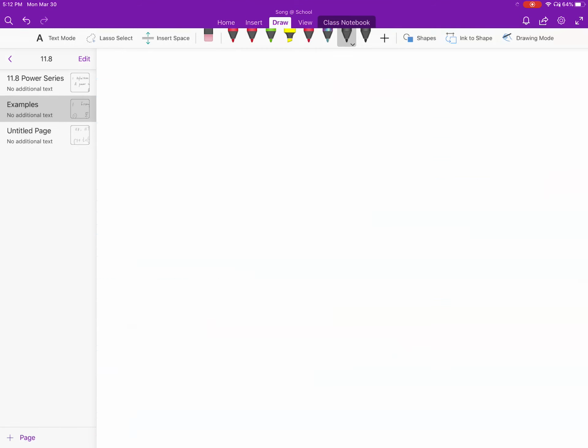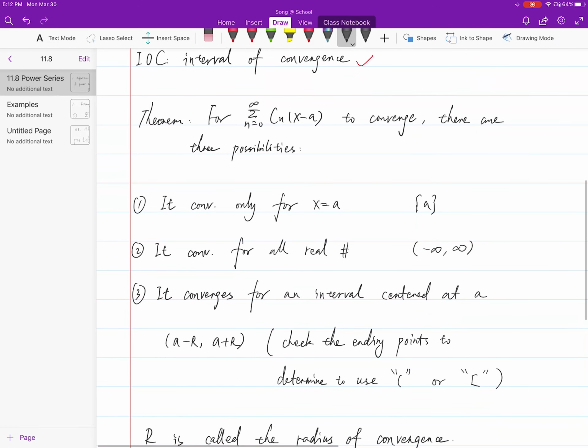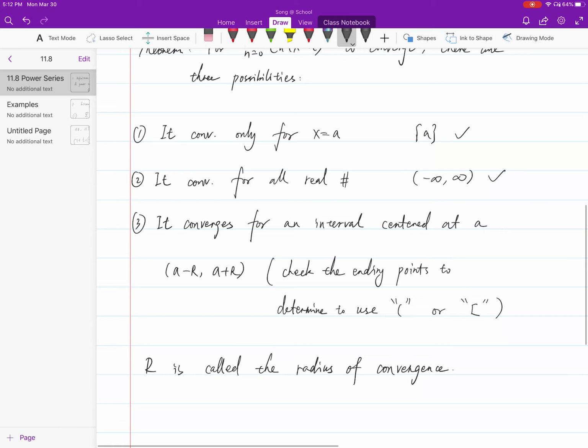Okay. To summarize the result, let's go back to the theorem. That's exactly what I just said. For this one to converge, you only have 3 possibilities. Number 1, only a single number. Number 2, all possible numbers. Number 3, an interval.